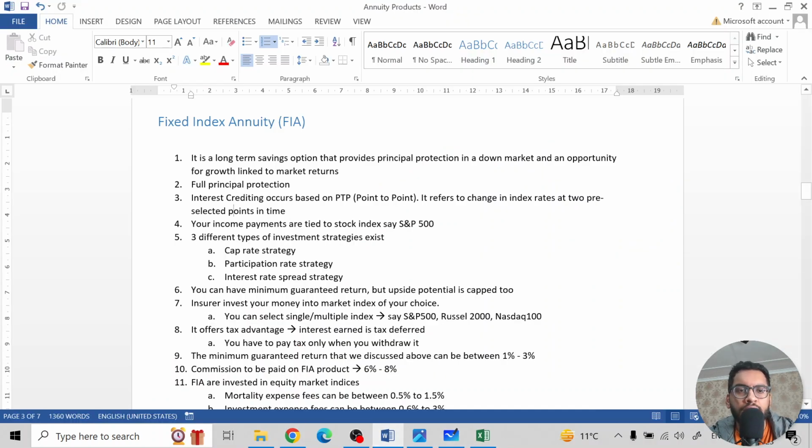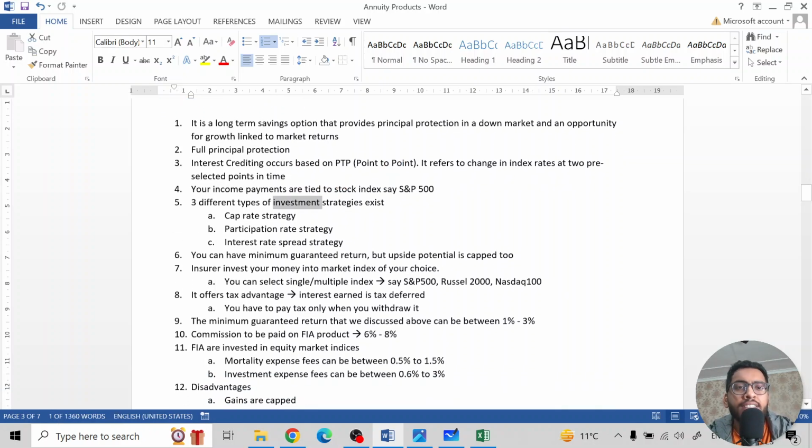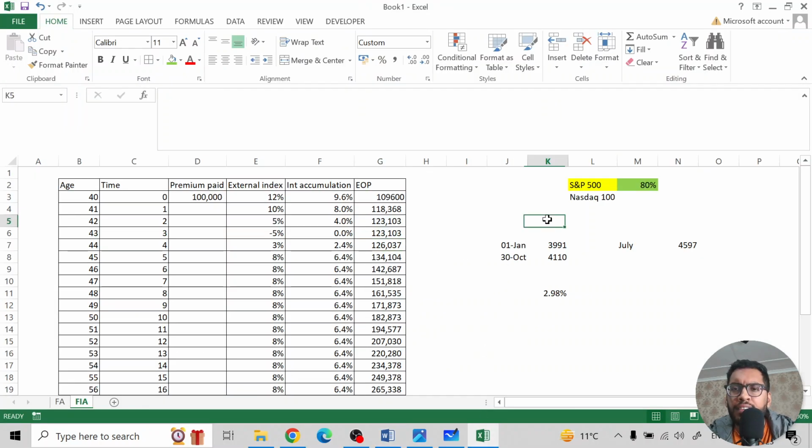Let's move forward. Your income payments will be tied to a specific stock index, for example, S&P 500. We are saying that there are three different types of investment strategies. When we say investment strategies, what we are trying to say is that the return you achieved on an index is 2.98%, but what return out of this balance I am providing you as an insurer, what I am providing to the policyholder.